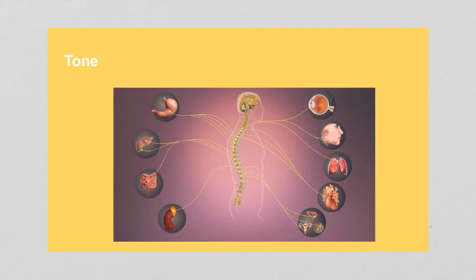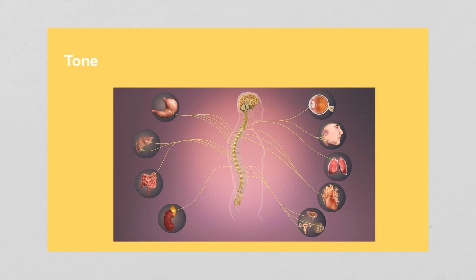Our body depends on autonomic nervous system tone to maintain homeostasis. Tone is the continuous partial activation of a system or organ in the body. Sympathetic tone is best shown by the partial constriction that we always have in our blood vessels.